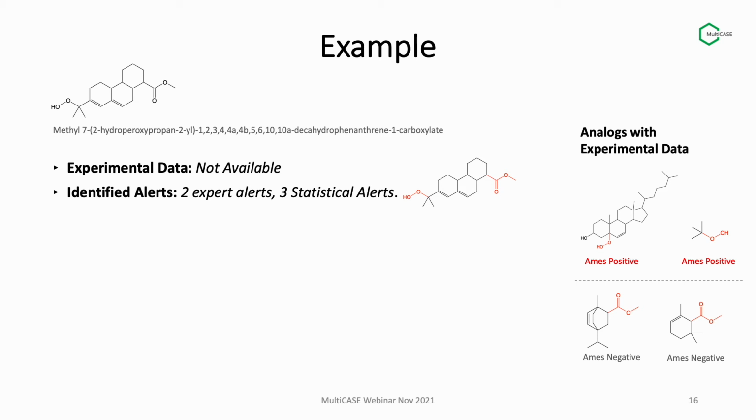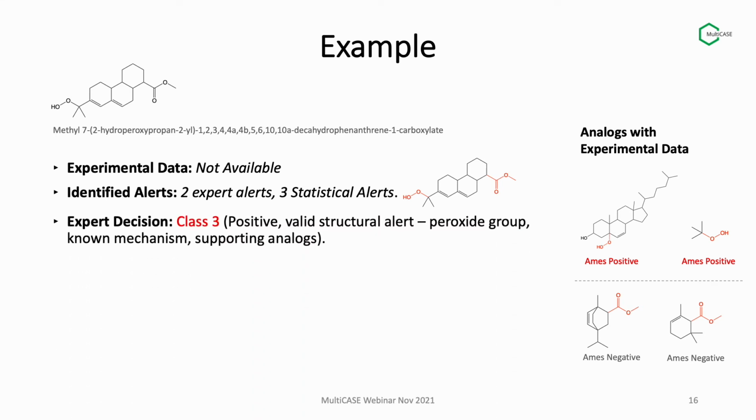So one alert is positive and one alert is negative. I mean, one alert is valid and another alert is invalid. But only one alert is required to create mutagenic potential. So it looks like this compound is going to be mutagenic.